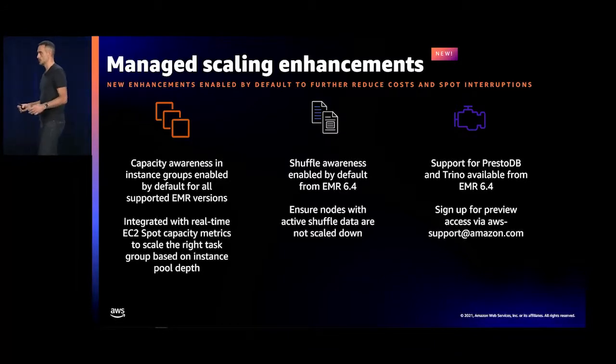So this is a kind of critical component that you cannot afford losing. And now with this optimization, the managed scaling is deeply monitoring the different nodes and is aware of the nodes with active shuffle data. So it won't decommission these nodes during the scaling phase of the auto-scaling.